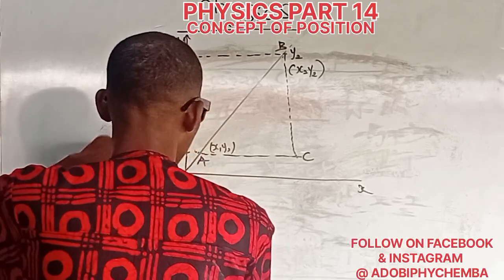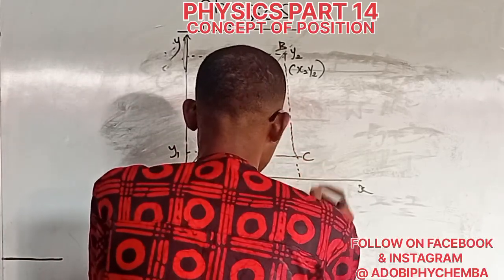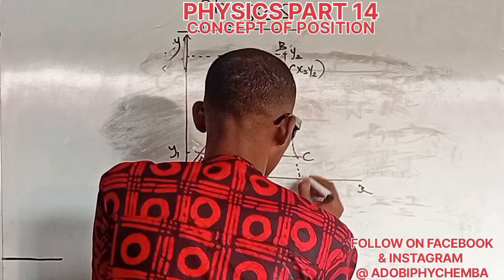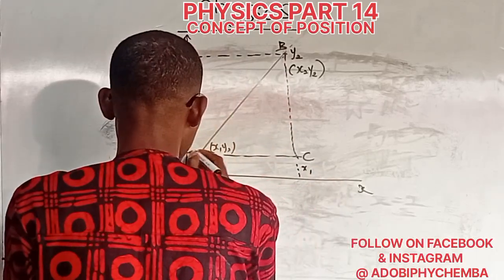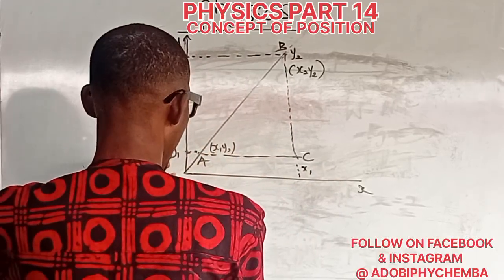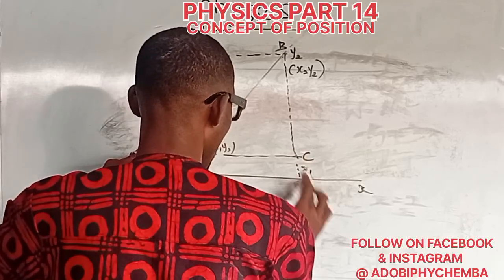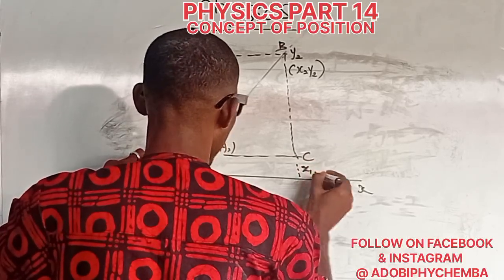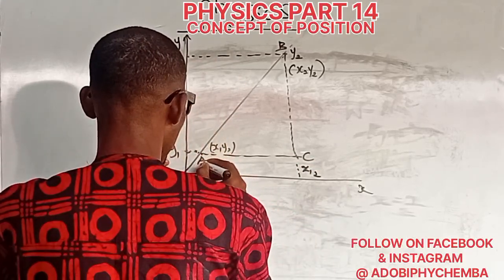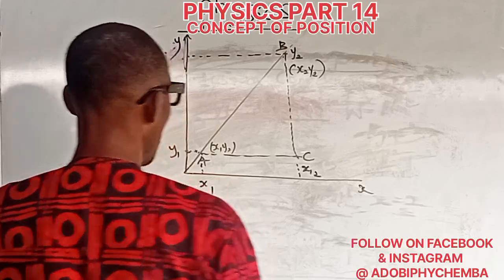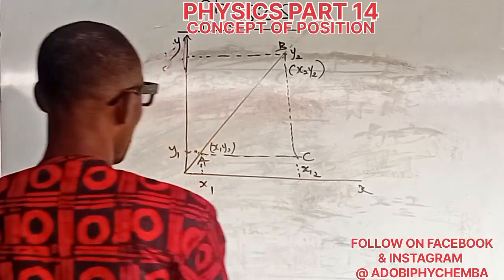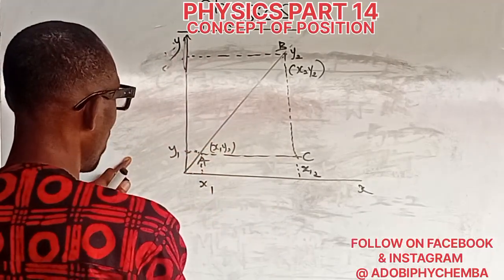This side is your y1 and this point here is your x1. This point here gives you your x2. So you have x2, x1, y2, y1. Are you with me?